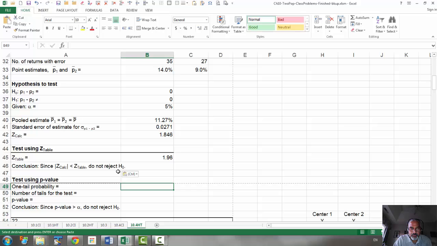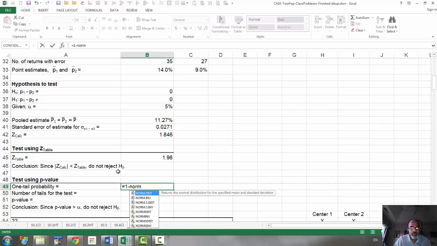Now, it is 1 minus norm.s.dist. Okay, now we need to give the absolute value of the z calc.